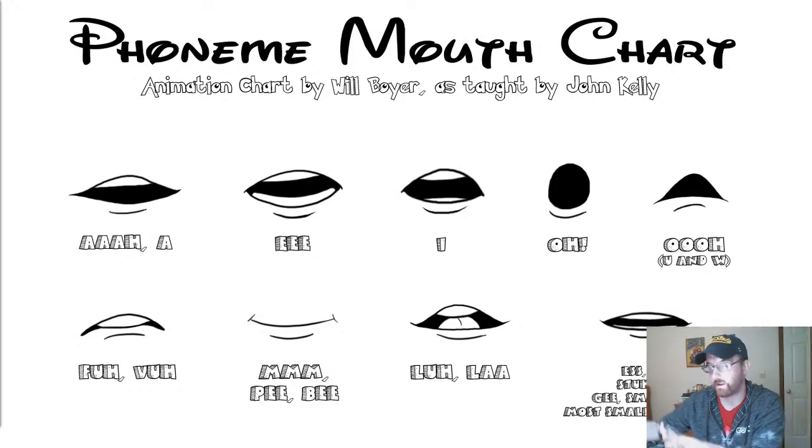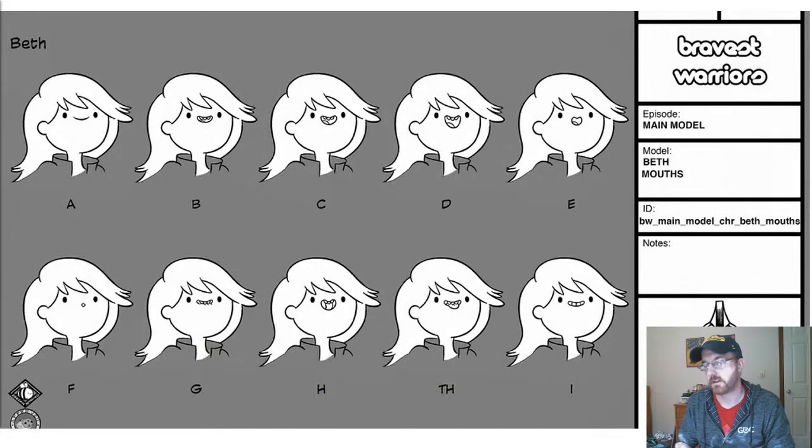So if you have a chart like this, again, using a reference, you'll be able to sit there and say, oh, okay, he says this, and this word would be, or something, it would be like this one to that one to that one. So that's where you'd want to use a reference. And doing mouth shapes for characters can, in fact, be part of your style guide. So mouth shapes can be part of your style.